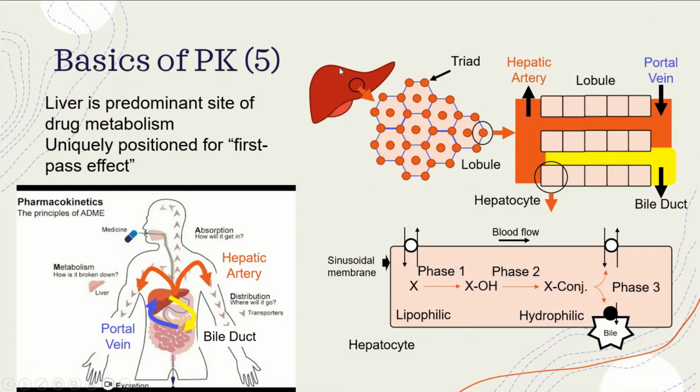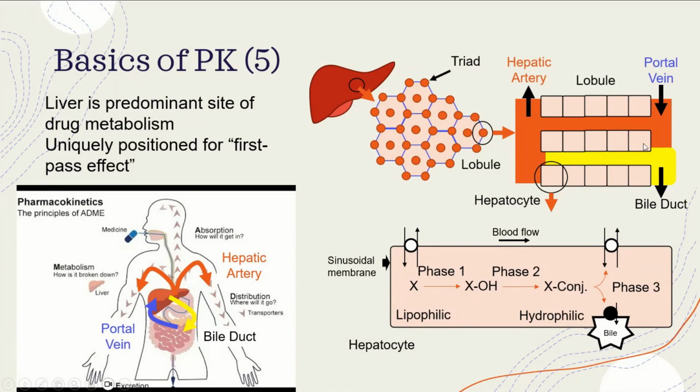So if we look at this in more detail, looking at the liver and how this is arranged, these three vessels that I talked about, the portal vein, hepatic artery, and the bile duct, are really part of a unit called a triad within the liver architecture. And that's shown in this diagram here.